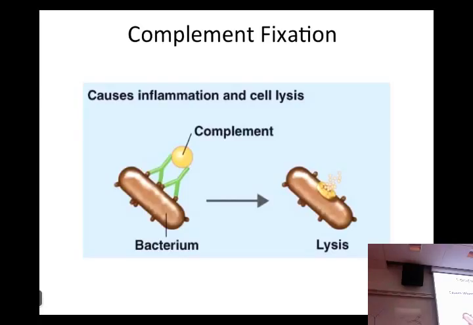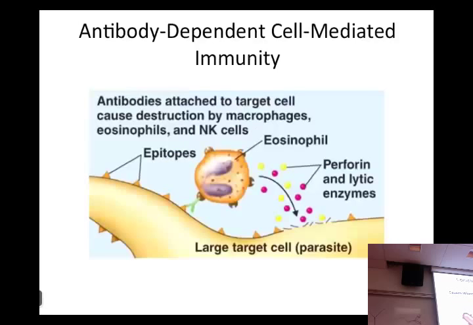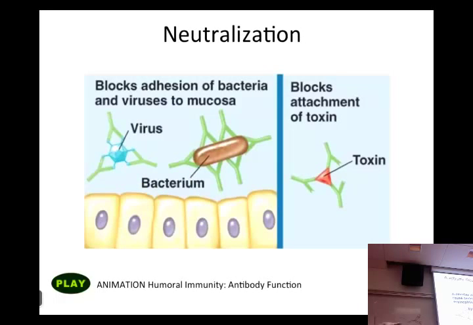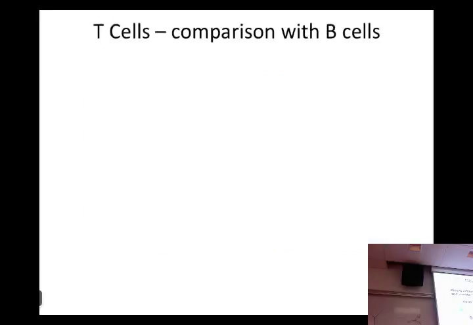Because it turns on those 3 things. It's just like a switch, and now 3 different effects go all out at once. We flag guys more easily, we activate macrophages and other phagocytes, we cause inflammation, we put holes in membranes. This we'll talk about in a second. In a little while. Neutralization we've already talked about.